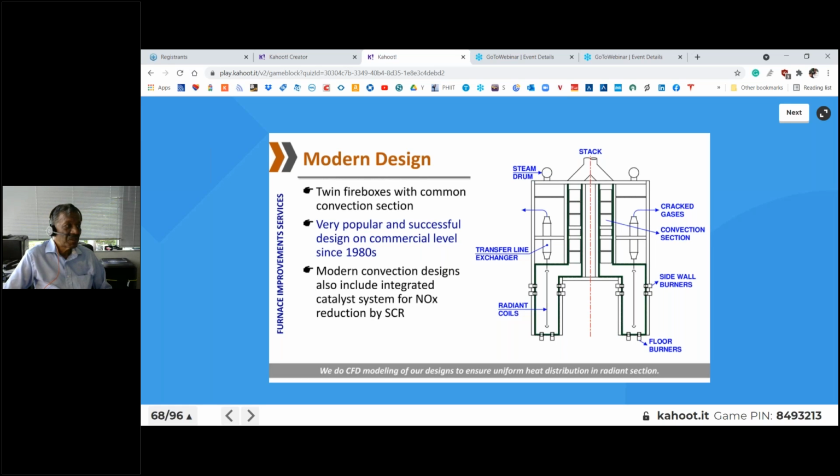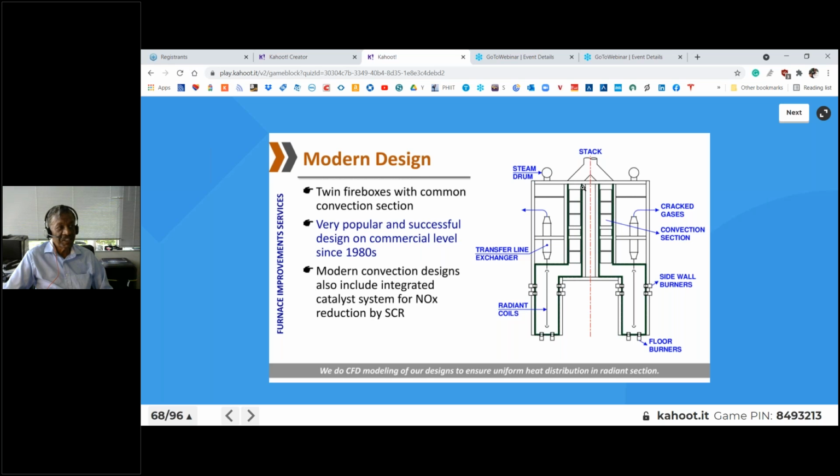Typically, most of the ethylene furnaces have this design, which has been used in the industry for the last 30-40 years, where they build furnaces in a pair. So there are two furnaces. This is the radiant section over here.